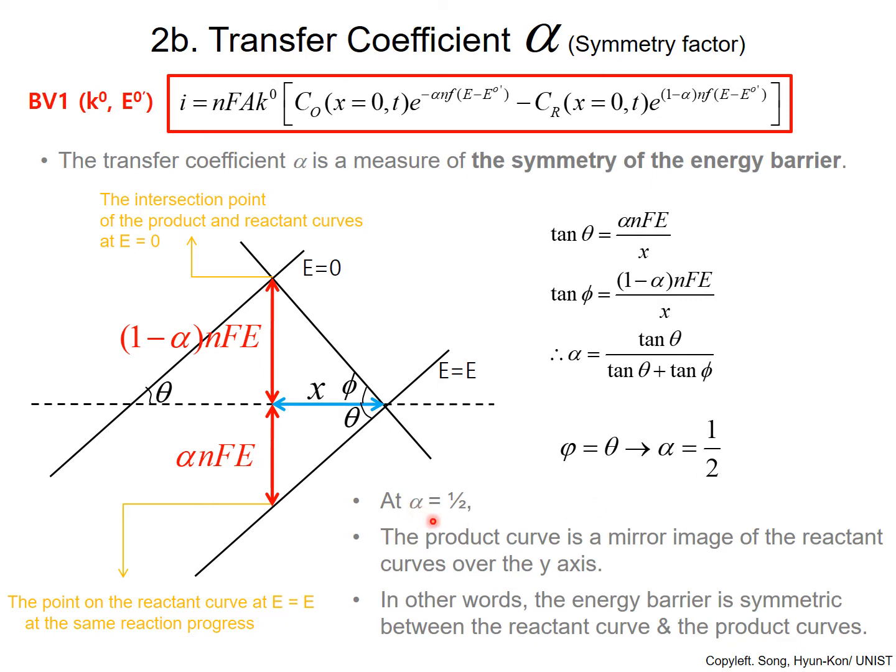At alpha equal to 0.5, the product curve is a mirror image of the reactant curve over the y-axis because theta is equal to phi. In other words, the energy barrier is symmetric between the reactant curves and the product curves.